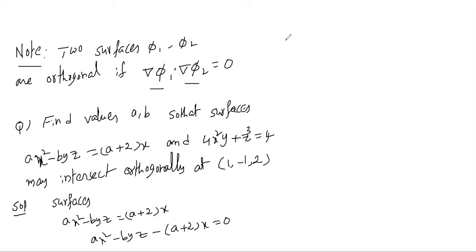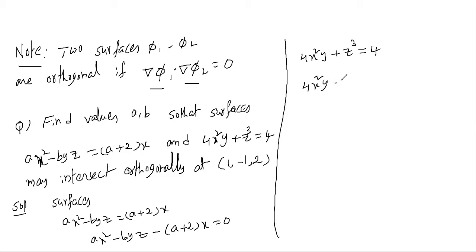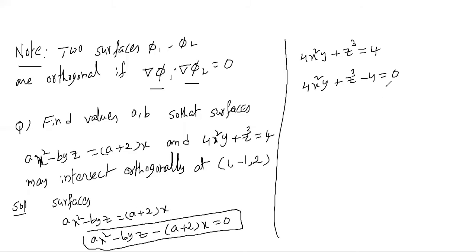Second, 4x square y plus z cube is equal to 4. Take the left side: 4x square y plus z cube minus 4 is equal to 0. So these are the two surfaces. Whenever a surface is given as an equation, you take everything to the left side.